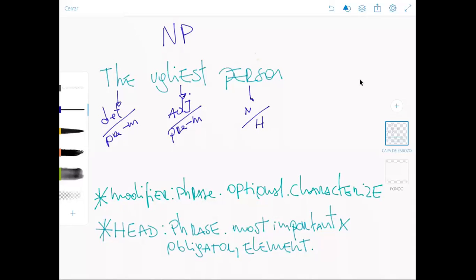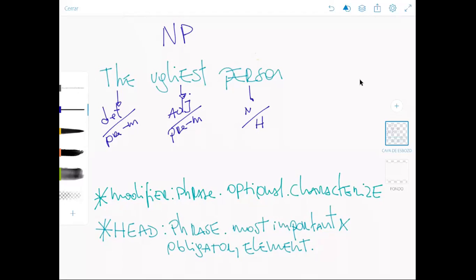Lo que acabo de mostrar en la pizarra es la forma en la cual se analiza una frase. Es un análisis muy sencillo, ¿ya? Lo que quiero explicar con esto es que los nouns pueden ocurrir como noun heads dentro de una noun phrase.